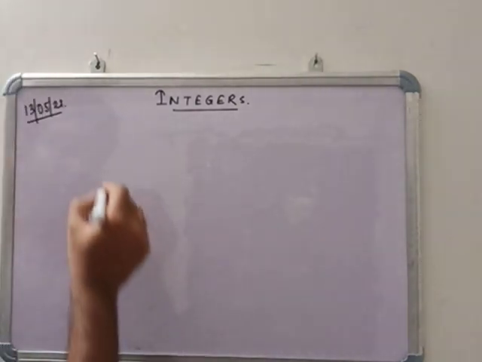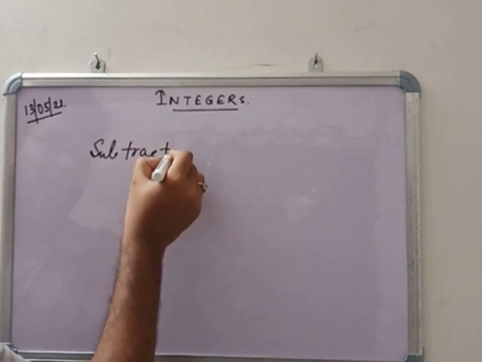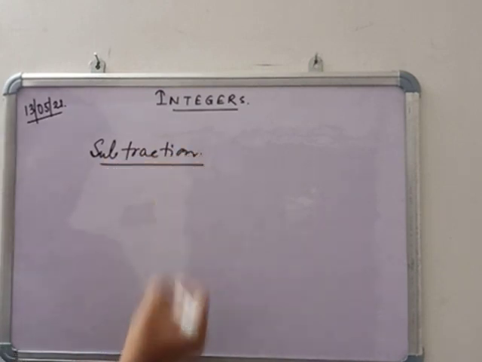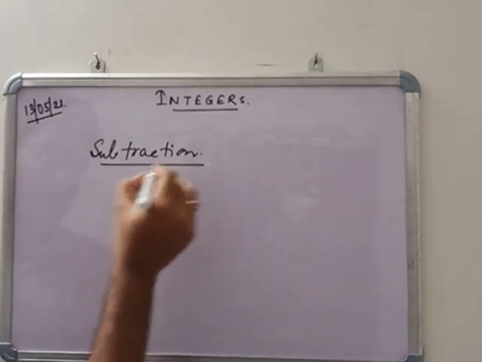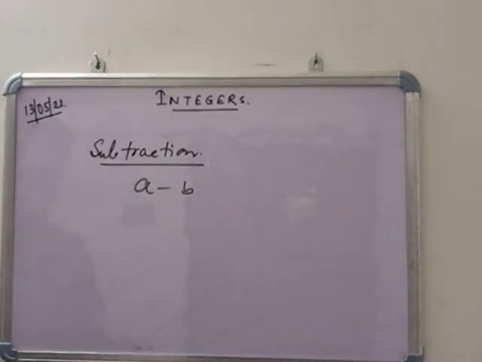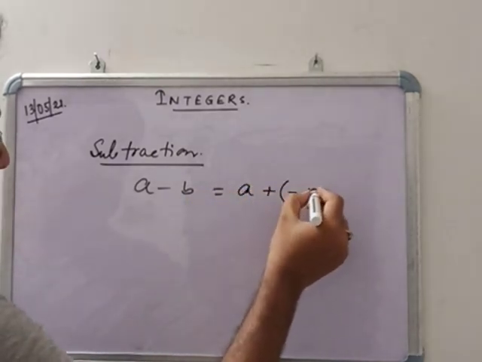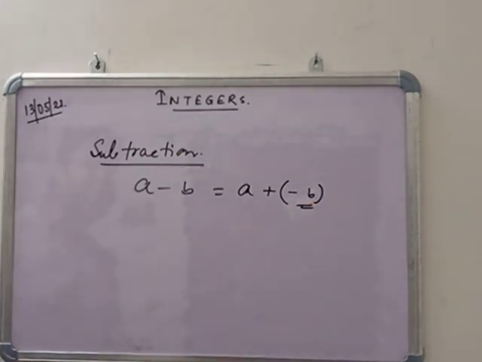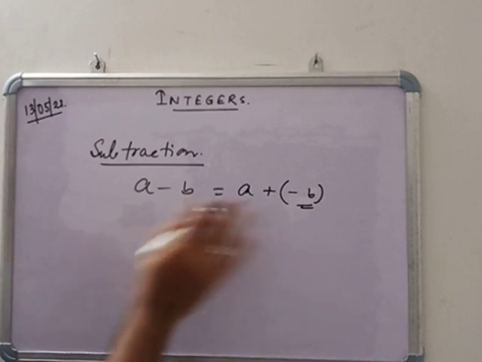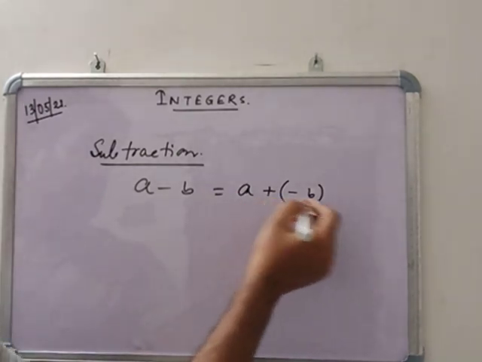Now for subtraction of integers, suppose a minus b, where a and b are two integers. We can express it as a plus minus b. That means minus b is the additive inverse of b. We can express subtraction in the process of addition.